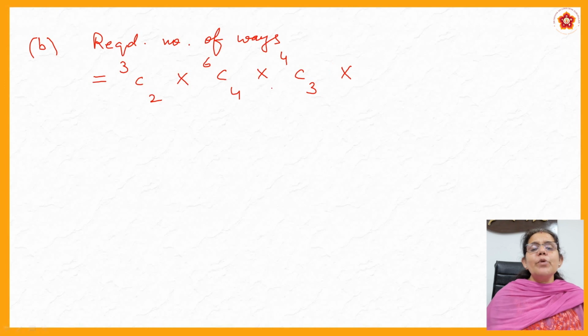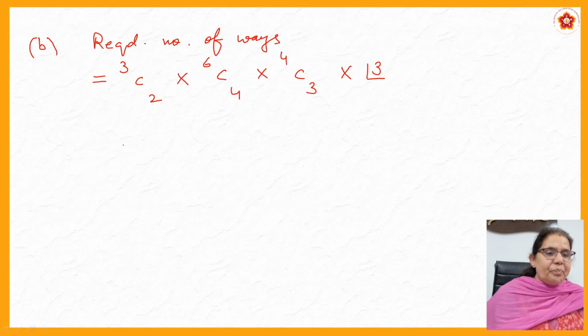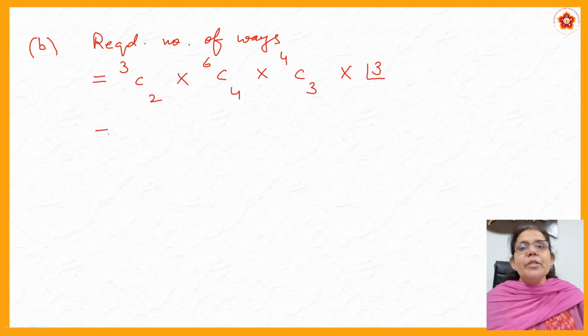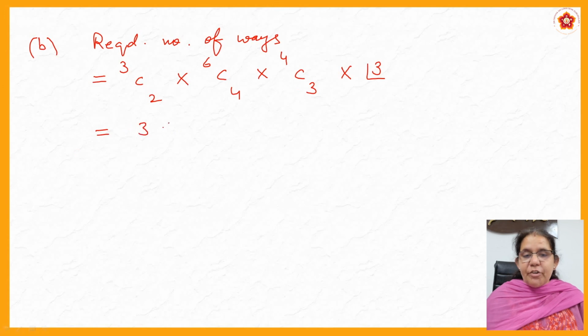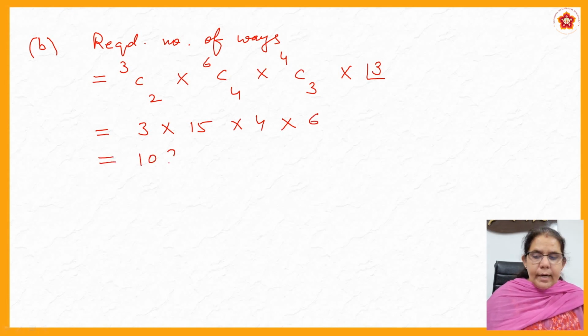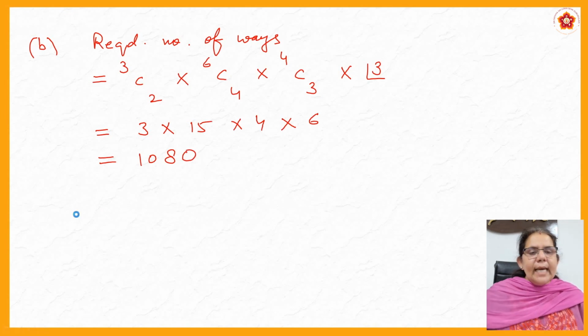So how many types of programs are there? Just 3. Short play, recital, dance. Only 3 are there. So for permutation, we will be just writing factorial 3. Now solve it. This was 3. This has come 15. This is 4. And what is factorial 3? It is 6. So if you multiply it, you will get 1080.